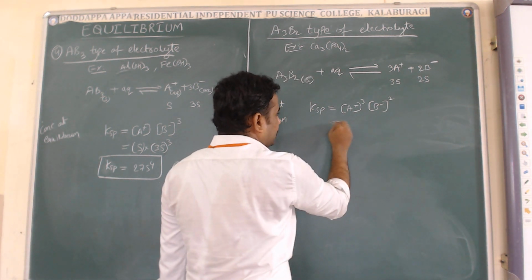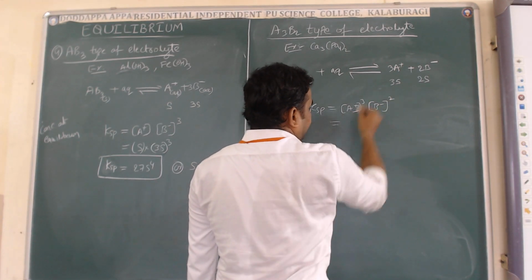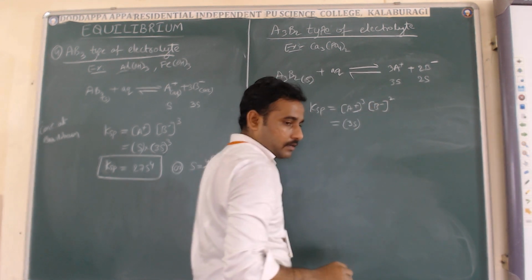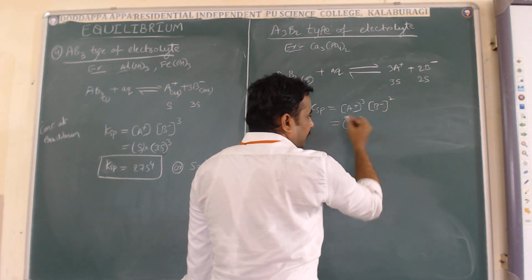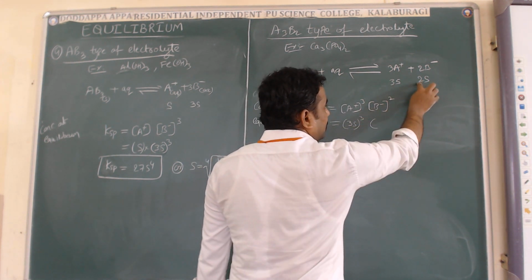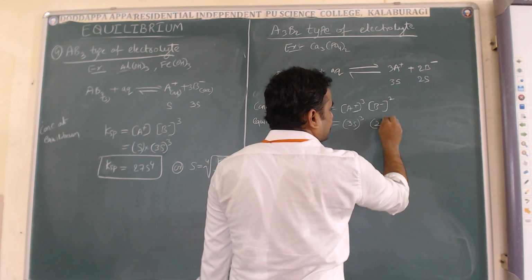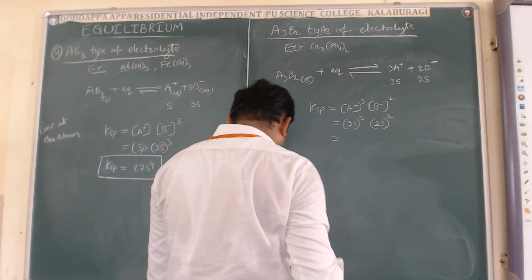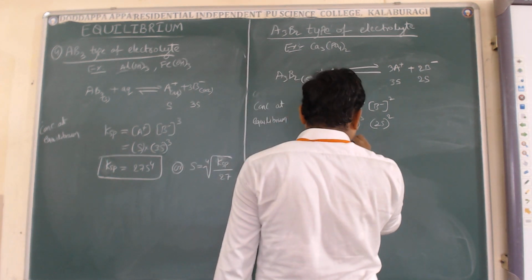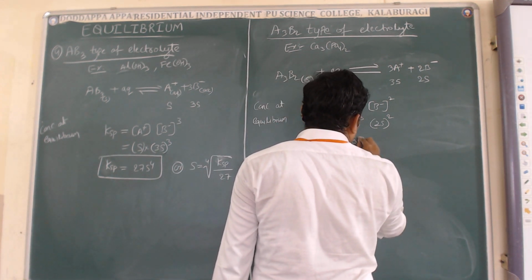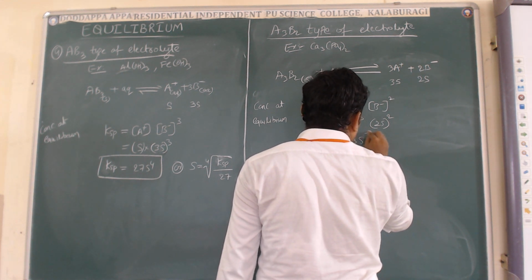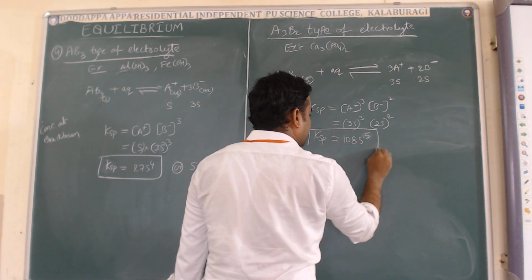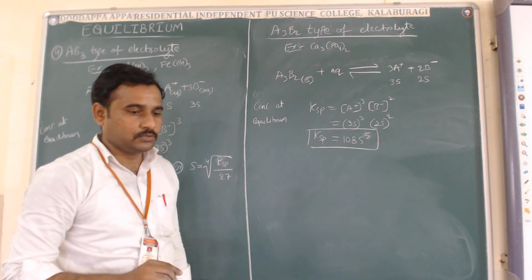So you write (3S) raised to the power 3 into (2S) raised to the power 2. When you solve this, you get 108 S raised to 5. Ksp is equal to 108 S^5.